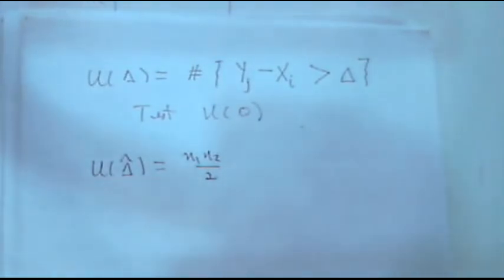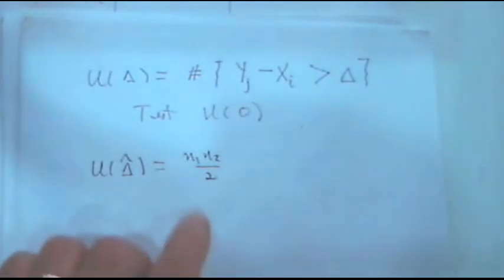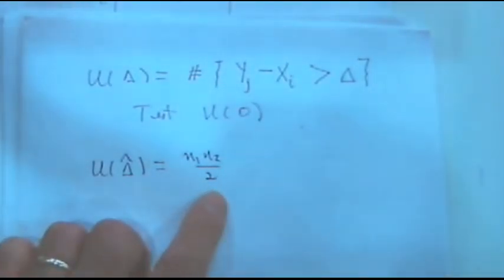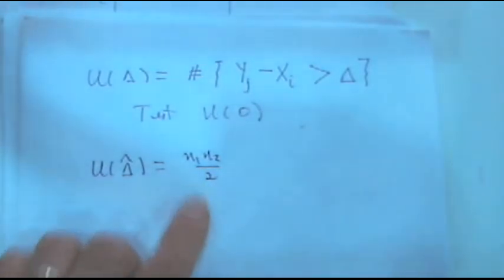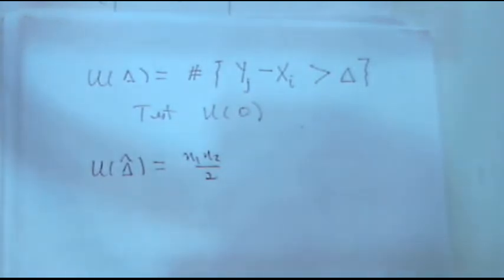How many differences are greater than delta hat? n1 times n2 over 2. And then how many are less? It would be n1 times n2 over 2. So the other half's what? It's just the median of the differences, right?